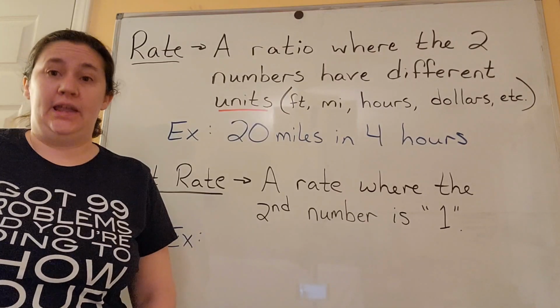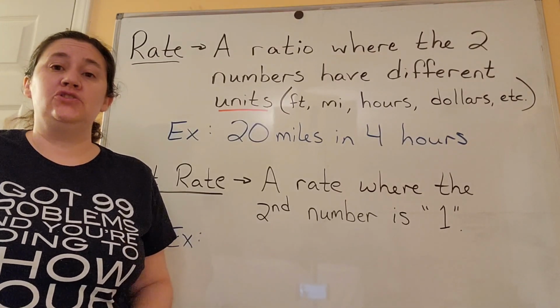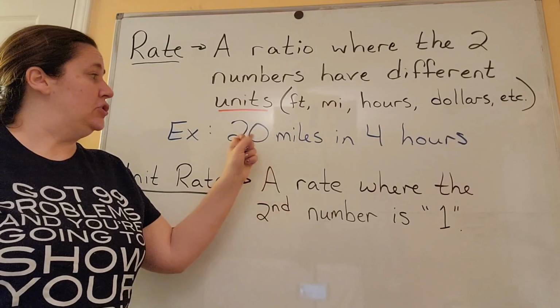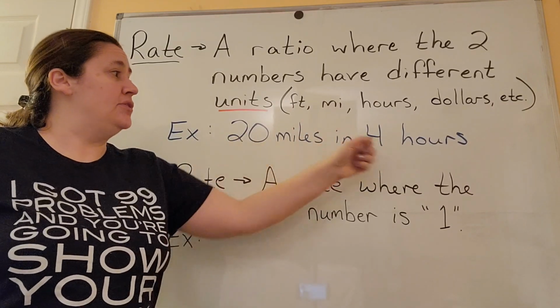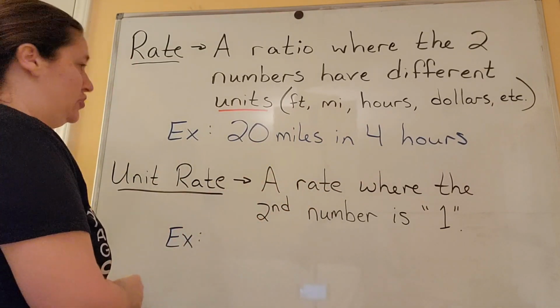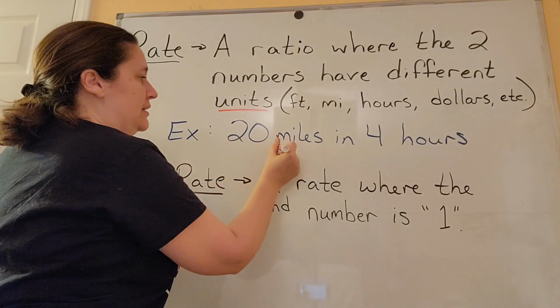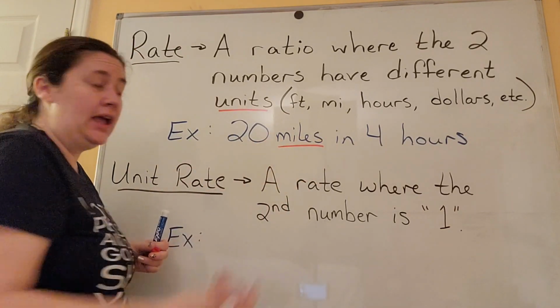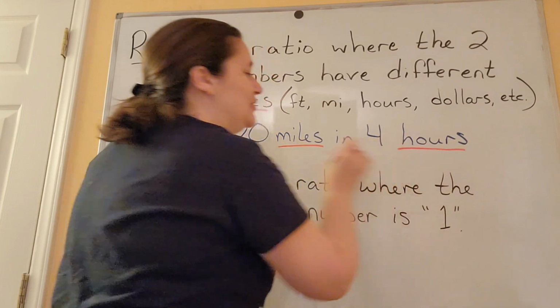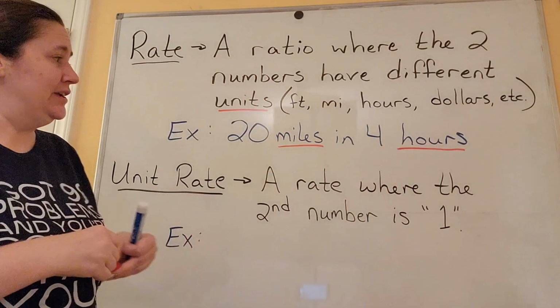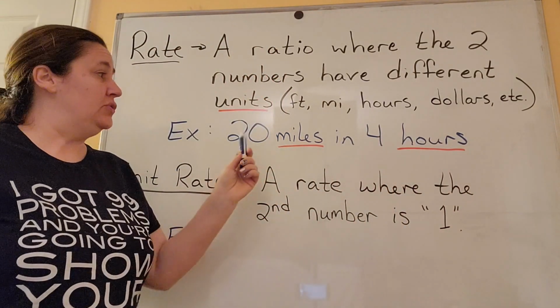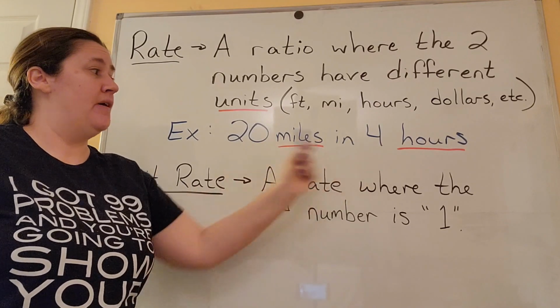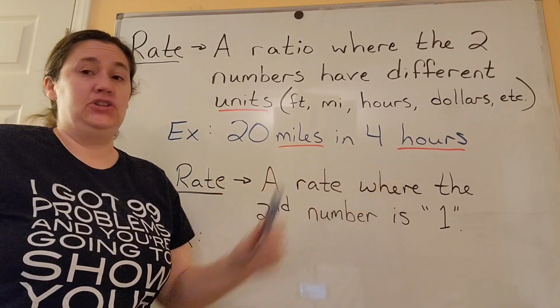That is a rate. It's a special kind of ratio where you have two numbers and those numbers have different units. 20 is measured in miles and 4 is measured in hours. So you have two numbers and they have different units.